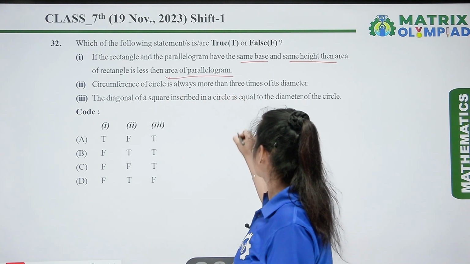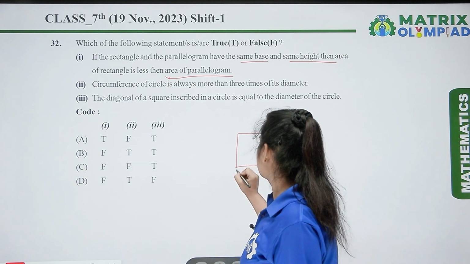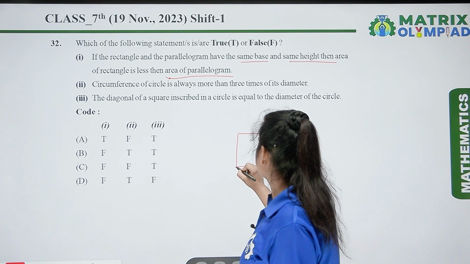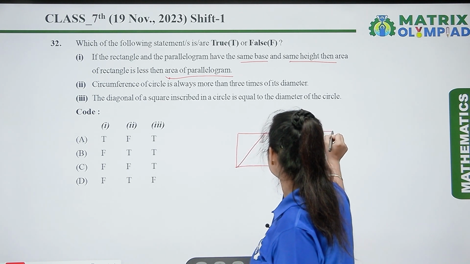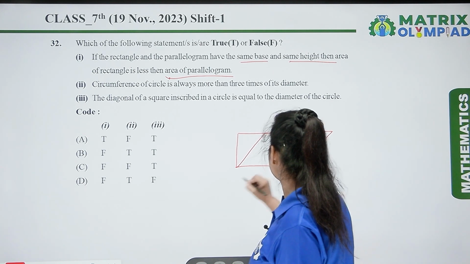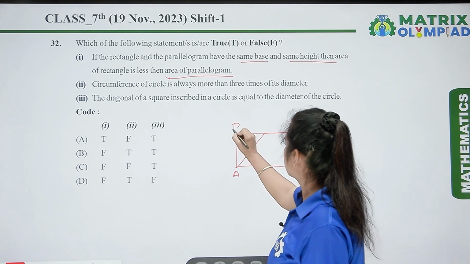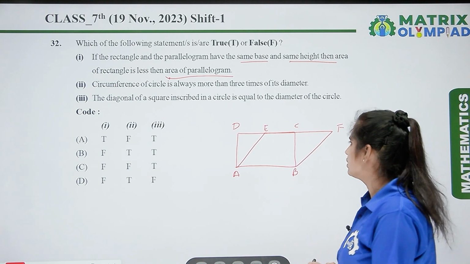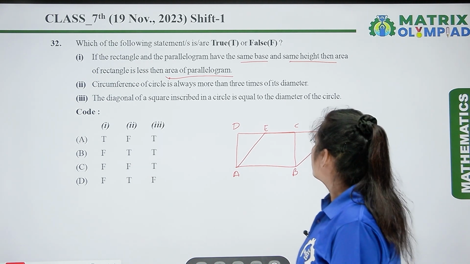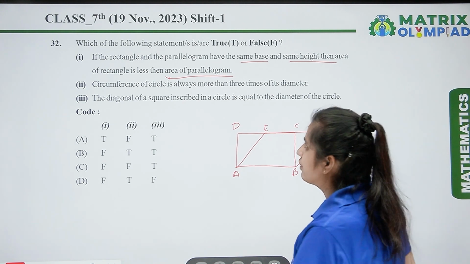So let's draw a rectangle first, and after taking the same base, let's draw a parallelogram. Here it is ABCD, and this is EF. So with the same base and same height, we have a parallelogram and a rectangle.